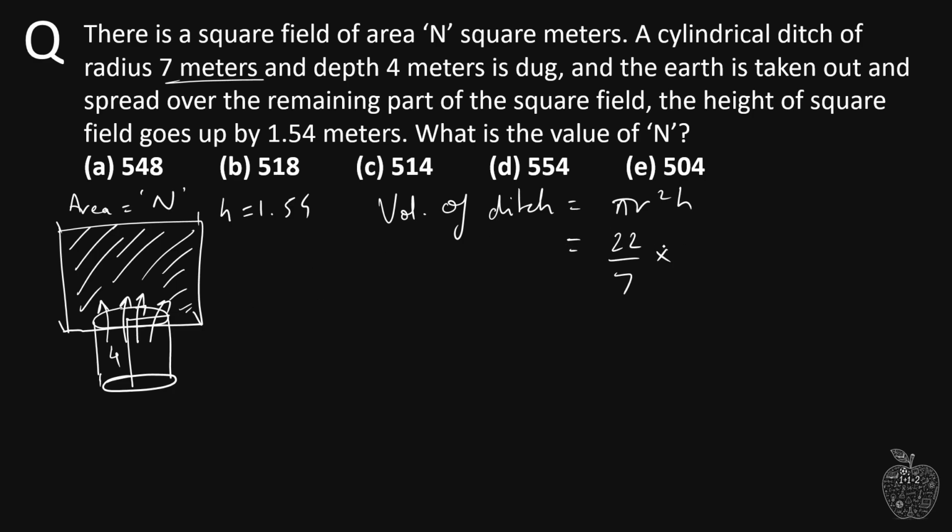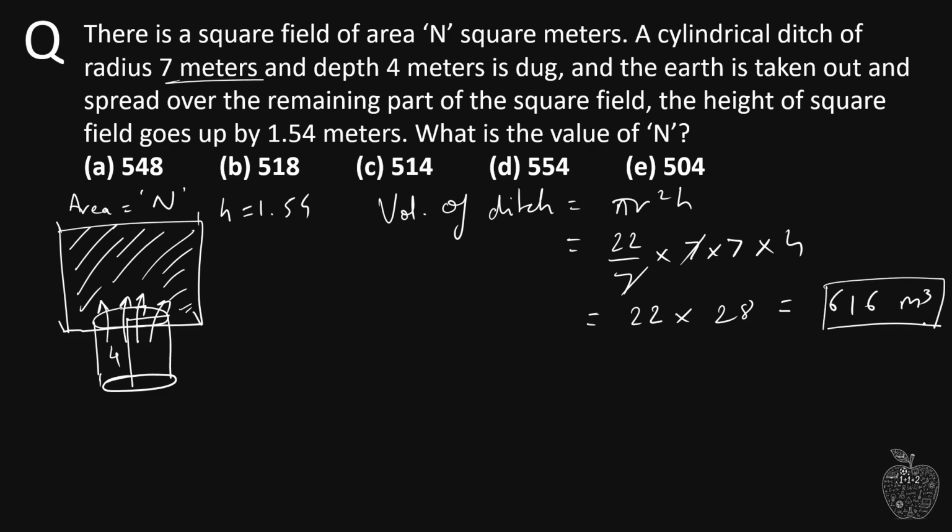Radius is 7, so 7 square will be 7 into 7, and height is 4. 7 gone, so we have 22 into 7 4s are 28. It will be 616 meter cube. So this much earth has been taken out, and now this much earth is to be spread over the rest of the field. Now what is this rest of the field?